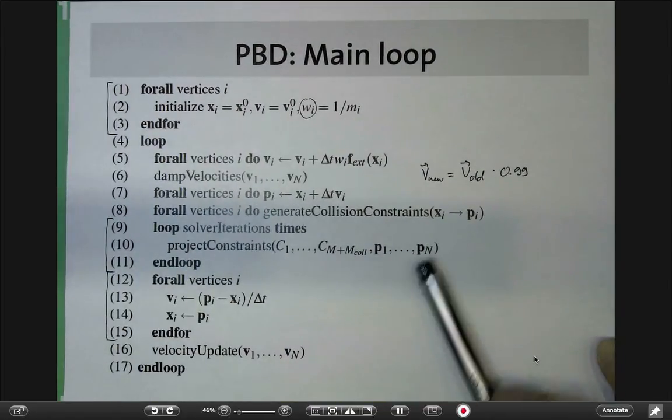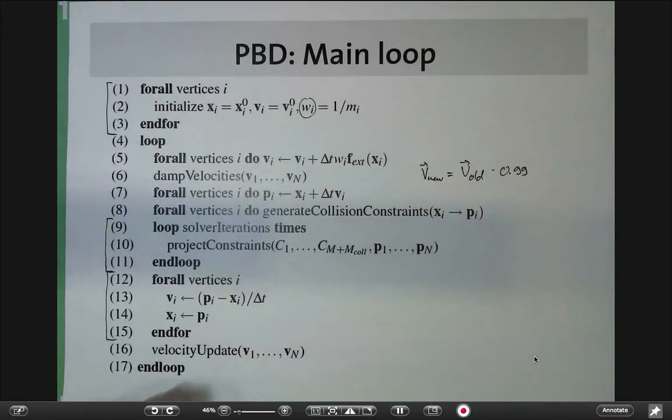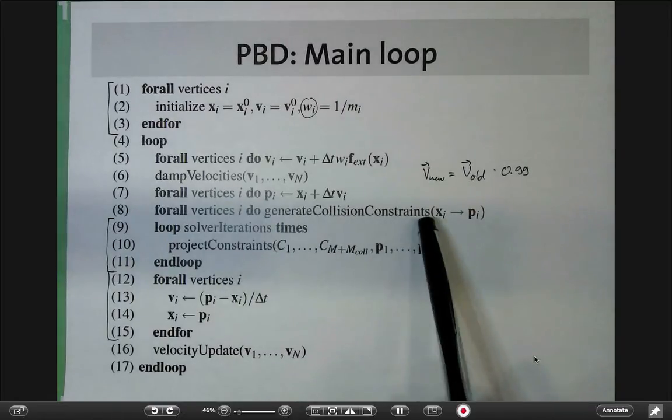We first detect them. Detecting collisions is a topic for itself, so we will probably have a lecture by itself for collision detection. If you are detecting collisions with some simpler shapes like half spaces with a plane or a sphere, that's simple, right? That's what you are doing for Jello. So in this case, generating collision constraints becomes simple.